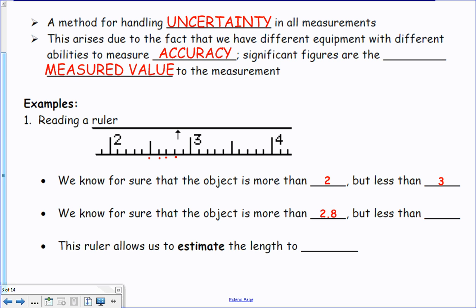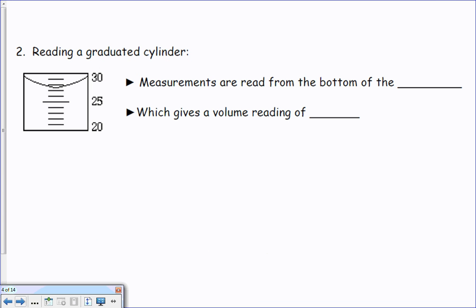But it's less than 2.9. We're honing in on this now. The ruler allows us to estimate the length. If I go about halfway in between these two marks, this would be 8.5 here, and this is to the left of it a little bit. I'm going to say 2.83. The estimated value is allowed.